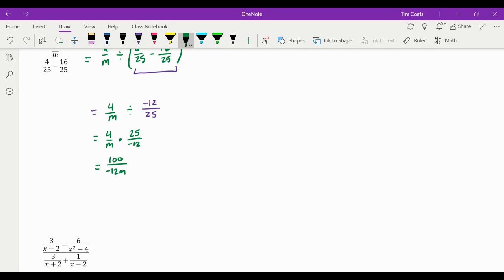And at this point, we could start to simplify. Well, that would go to 50 over negative 6m. I can still reduce by 2, so 25 over negative 3m, which is where we have to stop. So you can see it gets a little bit more challenging, but just deal with the numerator and the denominator separately first before we divide them.